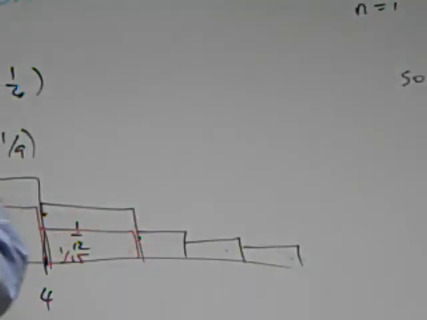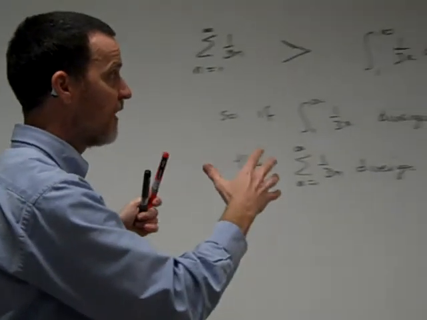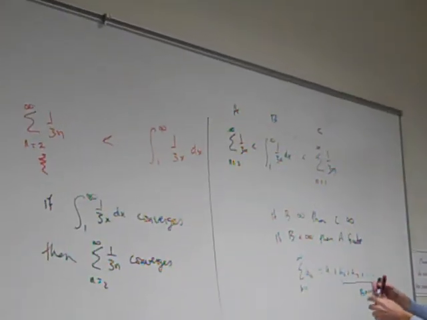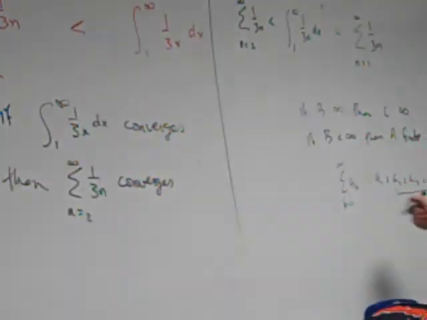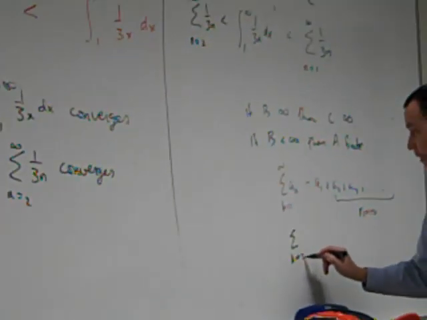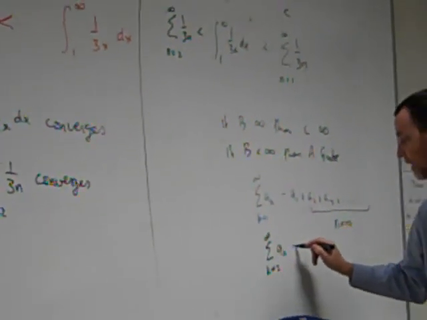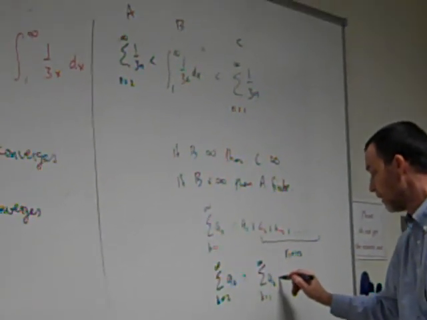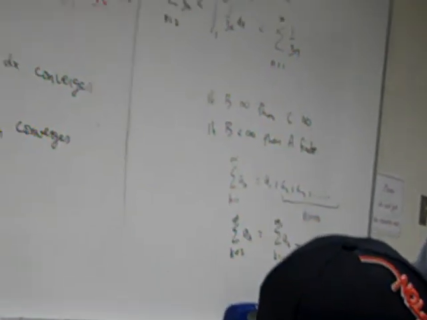So your next few problems in the notes are exactly this kind of thing, like with 1 over x squared, asking you to figure out this concept that I've tried to illustrate here, where the sum from k equals 2 to infinity of ak is equal to the sum from k equals 1 to infinity of ak minus a1, right?